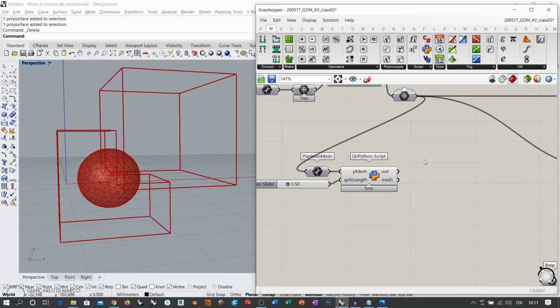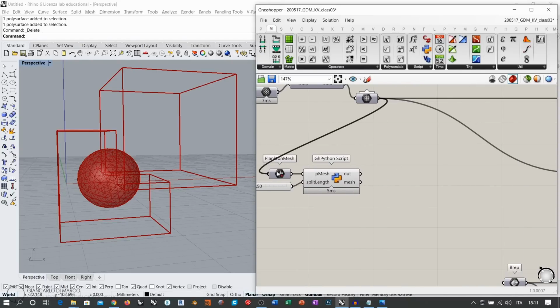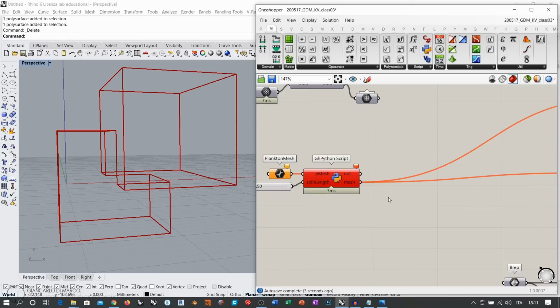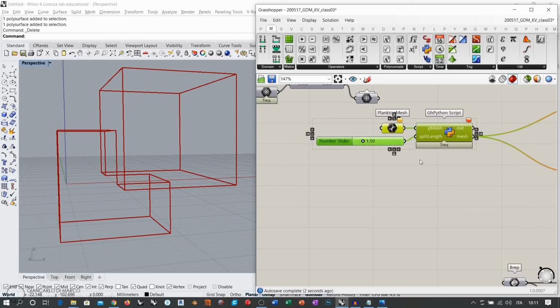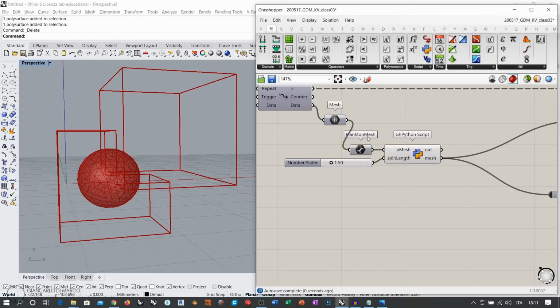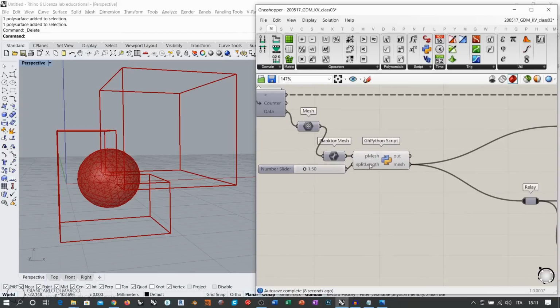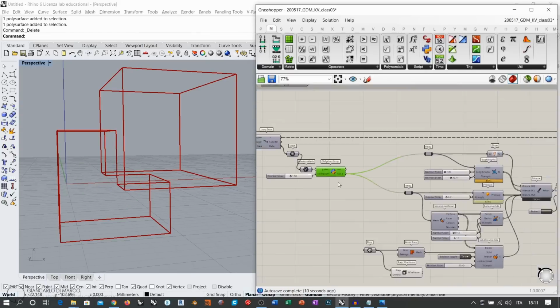Okay, so the conversion is already set, and therefore I will simply move these wires here to the output of the GH Python script and send the mesh to the Plankton mesh, send it inside the GH Python script, and then have this mesh outputted from this and going inside the Kangaroo simulation.